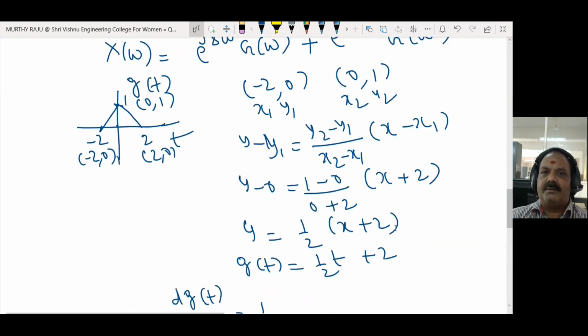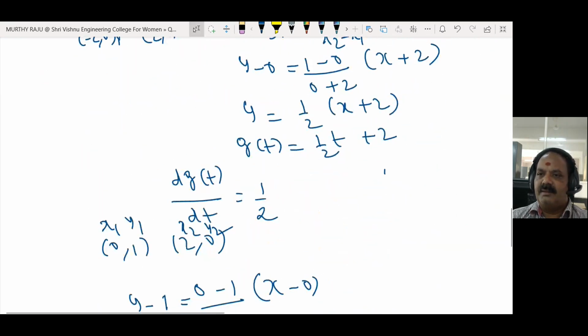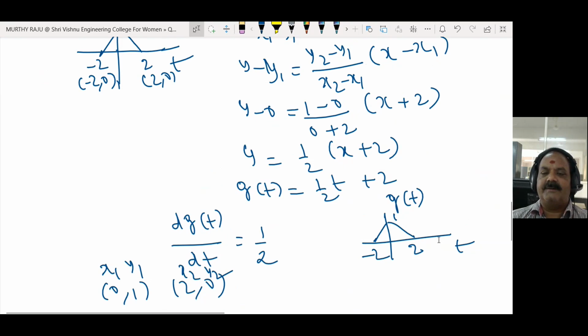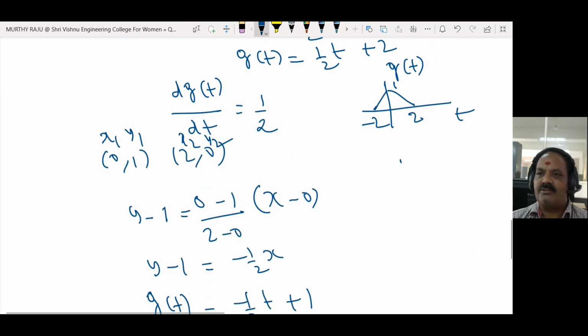Therefore, this one is the g of t, and from -2 to this point the value is 1. Okay, differentiation of this function is dg of t by dt.